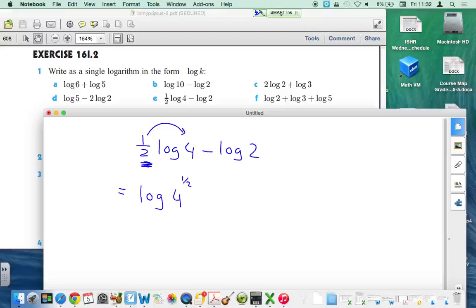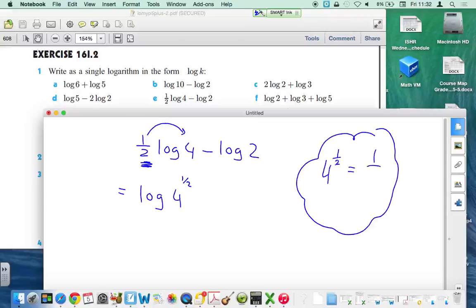Now at this stage, I'm thinking in my head, well, fractional indices, what does that mean? Remember, lots of people think it means this. That's a load of nonsense. That's negative powers that make fractions. What does a power of a half mean? Half of it? No, it's the root.